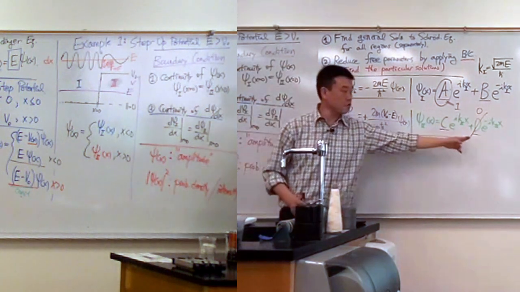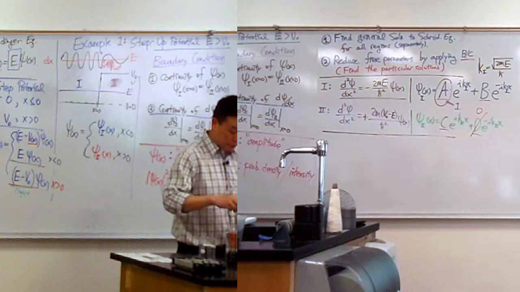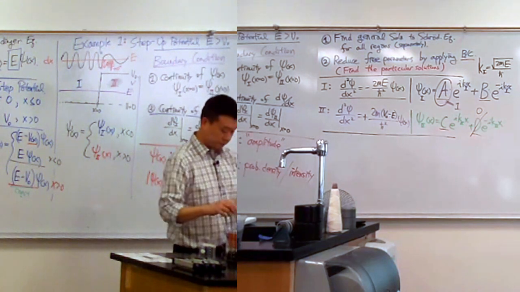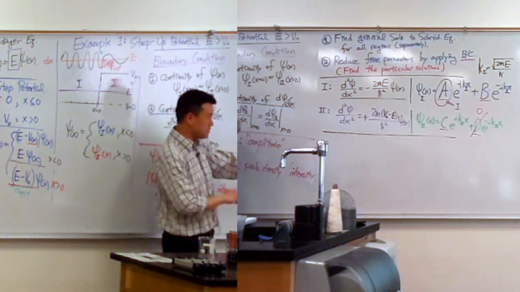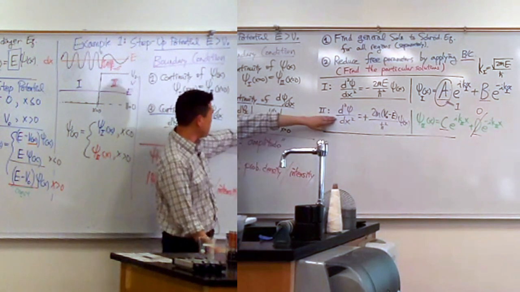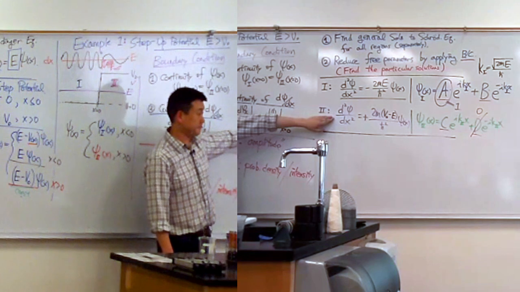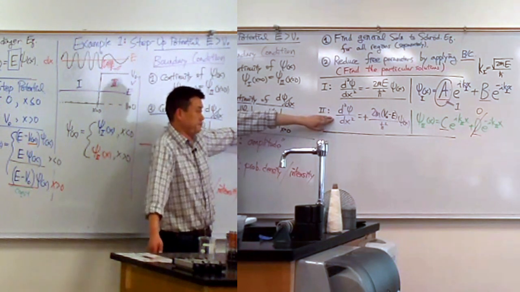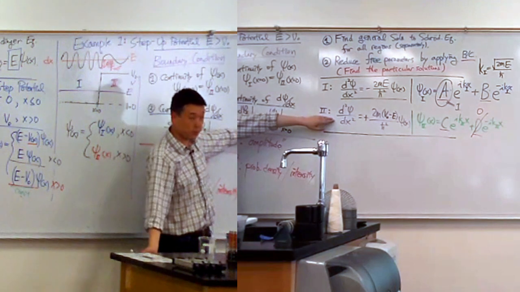So these solutions no longer work. I have to come up with a solution that will now work. So what kind of solution, just taking a guess, would fit to be a solution to this differential equation? Exponential, right? Real exponential, not complex exponential.